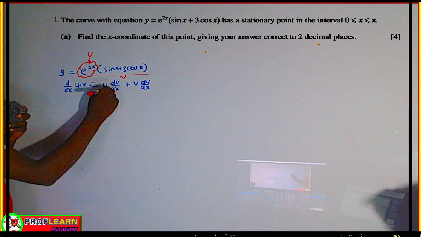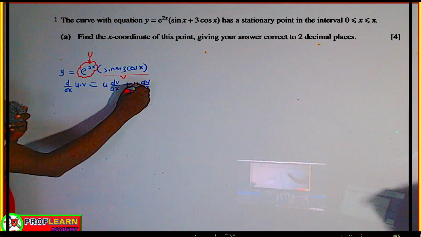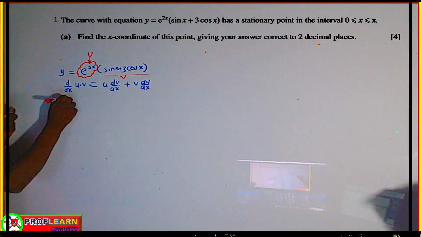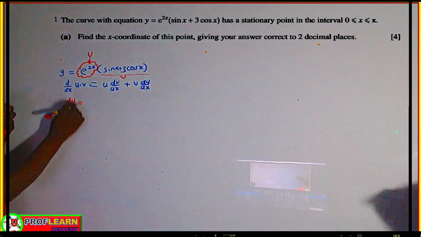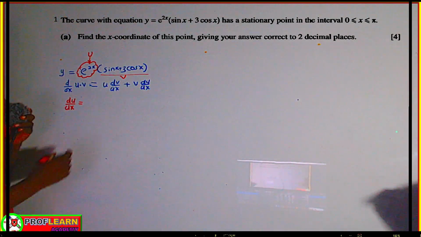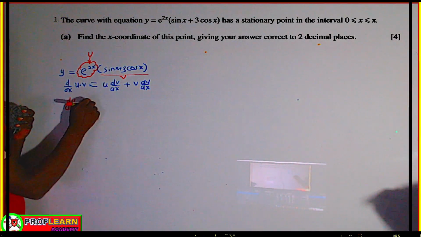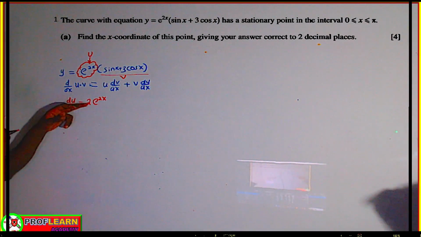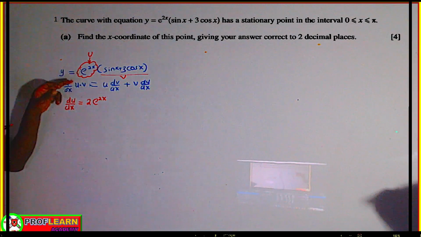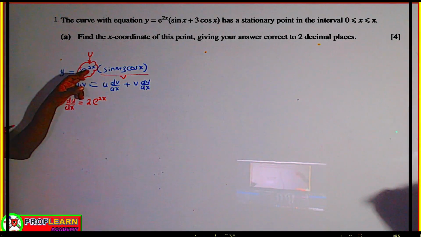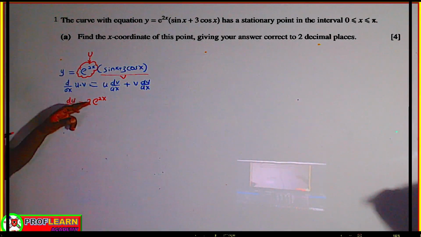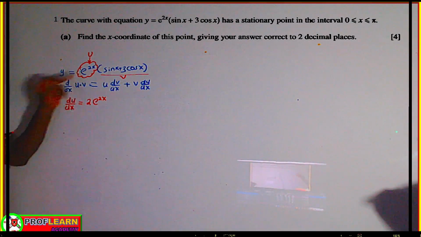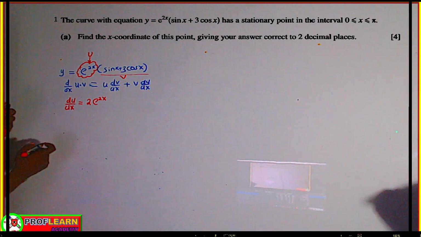Now, since I need dv/dx and du/dx, I need to go ahead and find them. The du/dx of this function is going to be 2e to 2x, because when you differentiate e to 2x, you differentiate the top part, bring it down, and maintain the exponent the way it was.